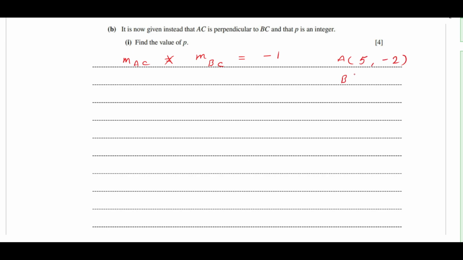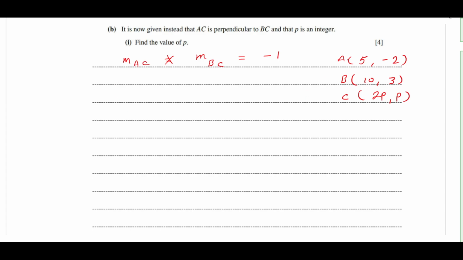The coordinate of B is 10 comma 3 and the coordinate of C is 2p comma p. It is given that AC is perpendicular to BC and P is an integer. So gradient of AC times gradient of BC is minus 1.